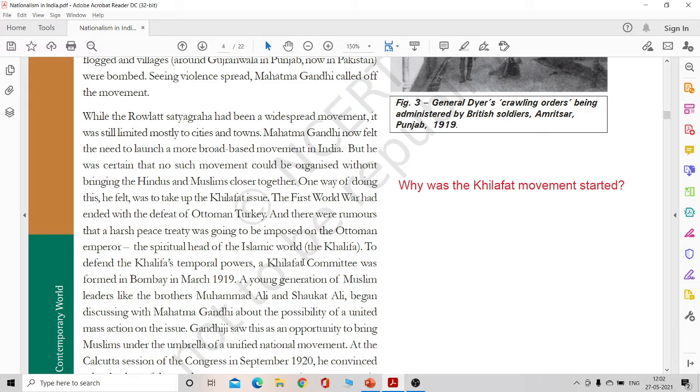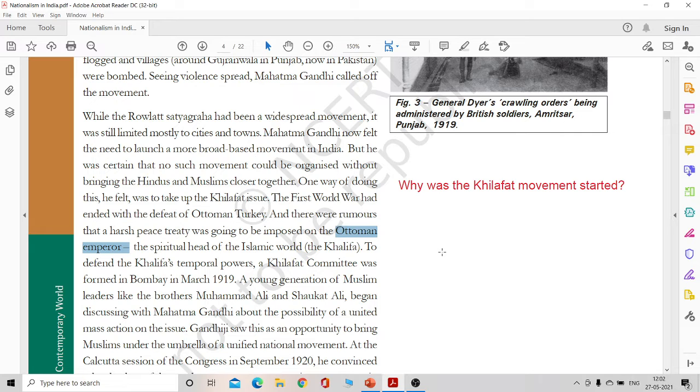So the background was that in the First World War, now we've already discussed the First World War, right? So by 1918, 1919, the First World War was already over. And among the Axis powers who lost the war, one of them was the Ottoman Empire, right? Modern day Turkey and some other adjacent areas. Ottoman Empire was huge at the time.